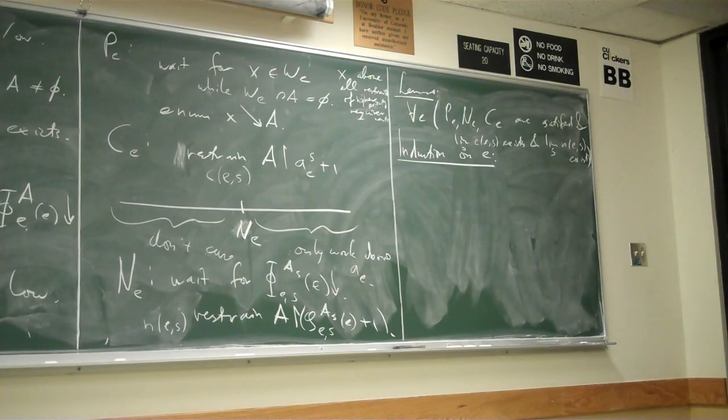Okay, base case. P0 is the highest priority requirement. It has to find an X above all restraints of the higher priority requirements. There are no higher priority requirements, so it just has to find any X whatsoever in WE and enumerate it into A. Well, unless something else already accidentally did it.